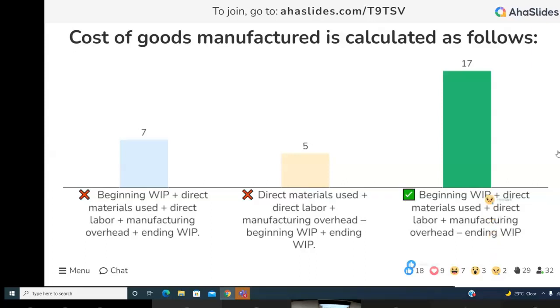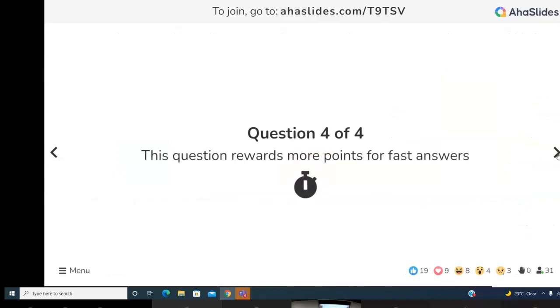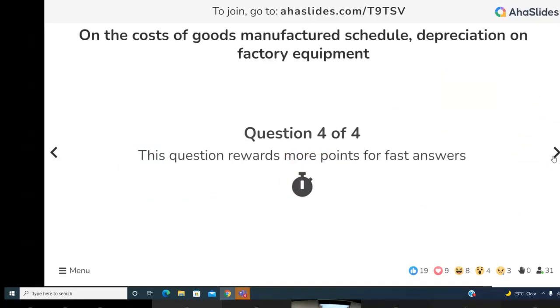Now make sure when we're talking the cost of goods manufactured, we're talking with the work in process, the new financial statement. When we're talking the cost of goods sold, we're talking the income statement, finished goods inventory. Cost of goods manufactured relates to work in process inventory.